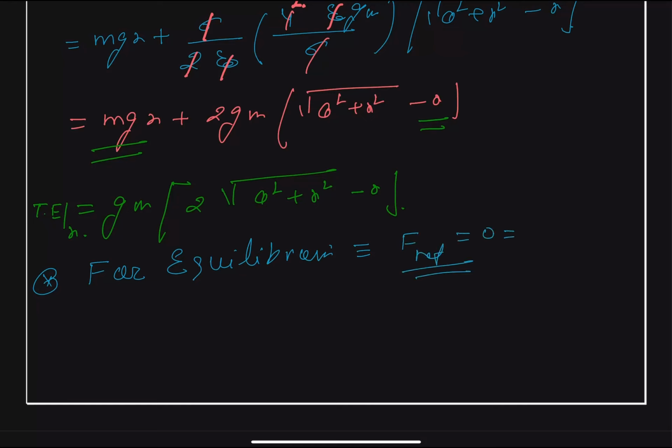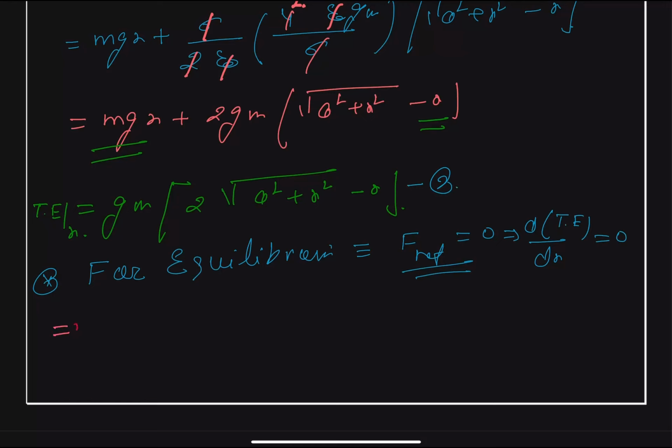Or in terms of energy, we can say that our du by dx, let me write it as not du but d of total energy, should be equal to 0. So we can just differentiate. Let us call this equation 2.